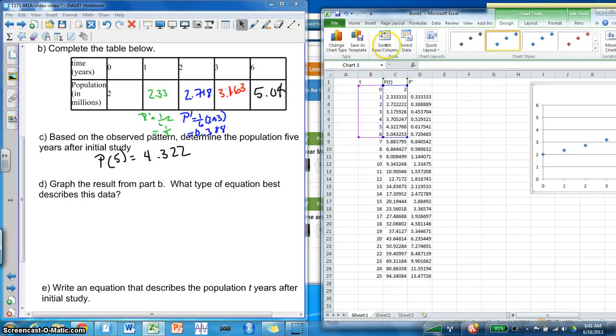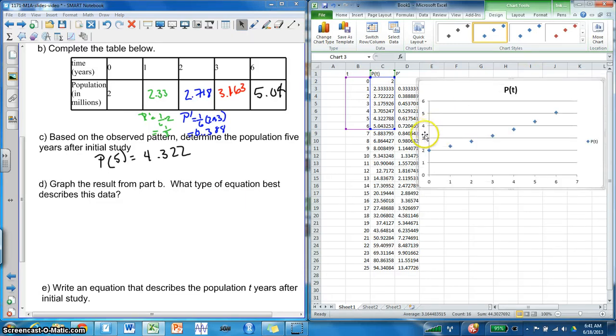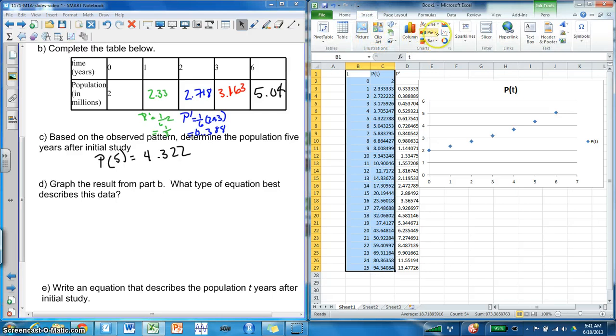What type of equation best describes the data? So I can actually see, well, the data actually looks to me kind of linear, but in reality it's not. So I went ahead and I went up to 25, and I'm going to insert the same graph.